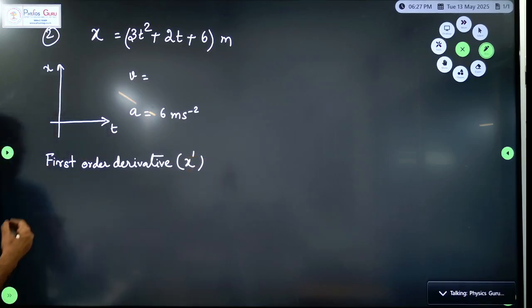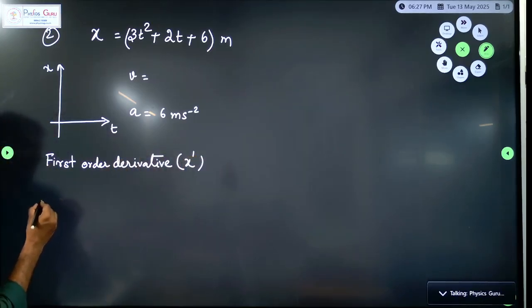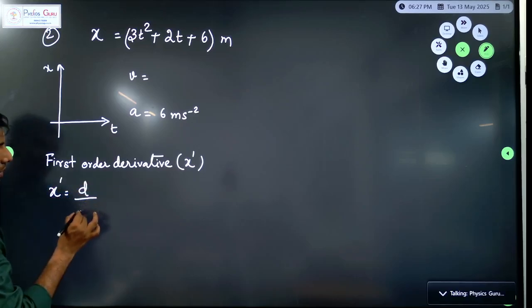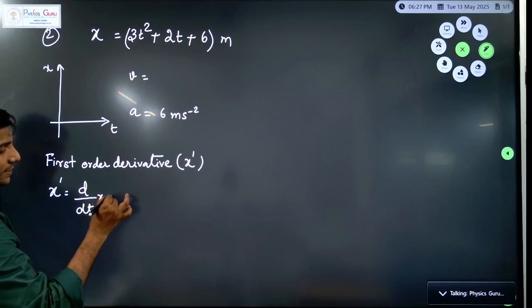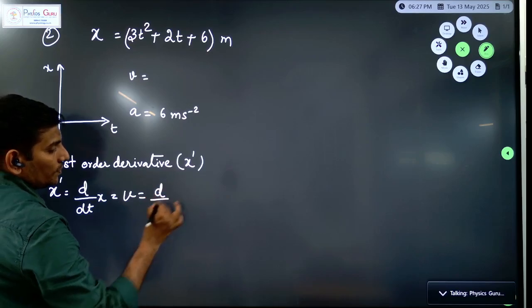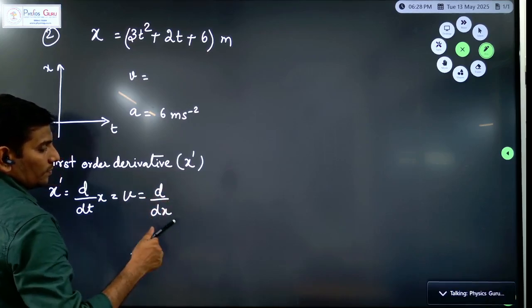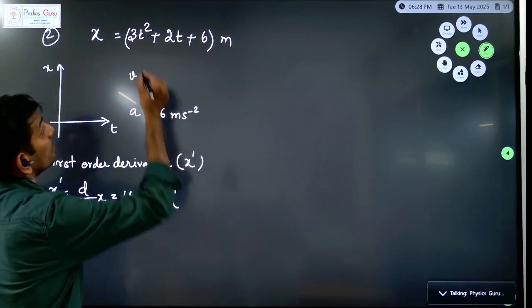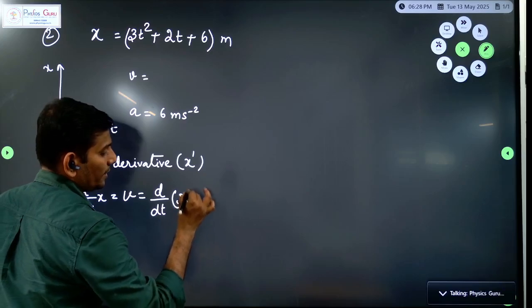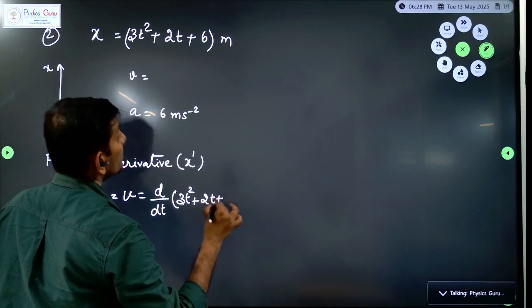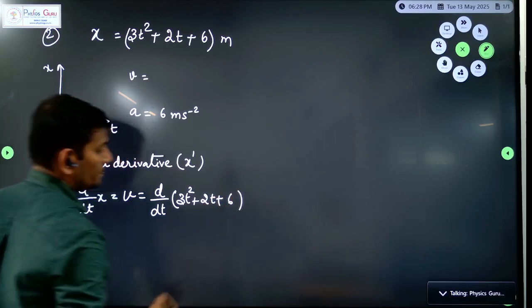First order derivative of x, we call it x prime. So x prime is equal to d by dt of x, which is nothing but velocity, is equal to d by dt of 3t squared plus 2t plus 6.